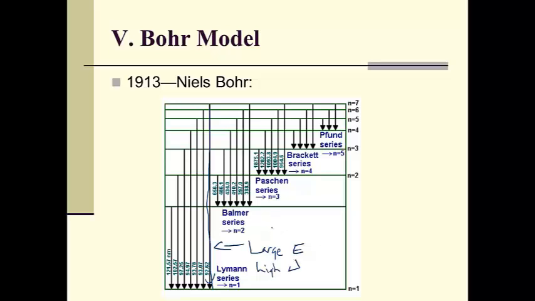So these are in the UV. These are in the visible range. Here the lines are getting smaller, so this was in the IR. Here maybe this is going to be in the microwaves. And here, because the line transitions are really small, maybe this is going to be someplace in the radio wave region.